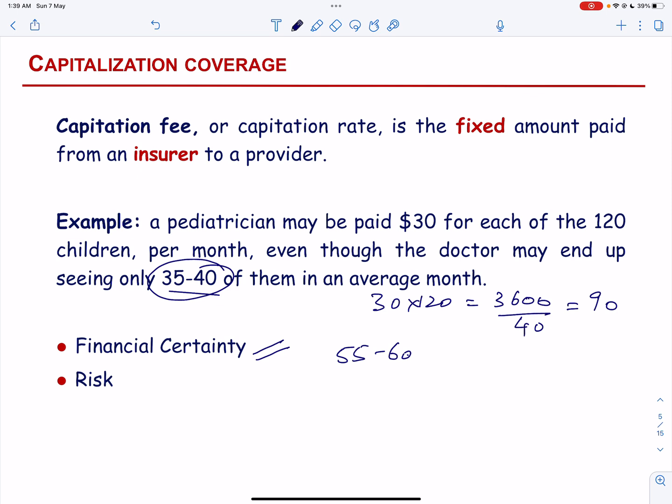That is 3-4 times more in that month, and the total number of visits is, suppose, 200. So the average payment will be $18 per visit.